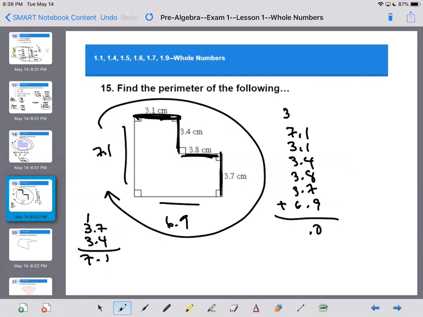So 1, 2, 3, 4, 5, that's 15. 15 and 13, so what's 28? So that's 9. Okay. So 28 centimeters as our perimeter.